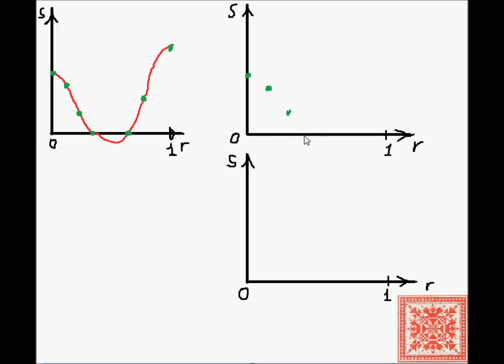Okay, so let's see, we have these sample points rather. Okay, 1, 2, 3, 4, 5, 6, and 7. Right, so these sample points. The last one was supposed to be a little bit to the left of 1.